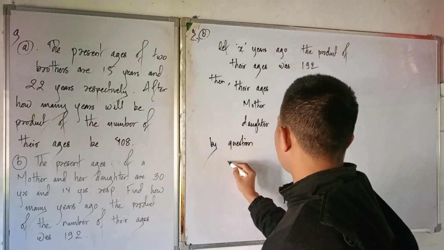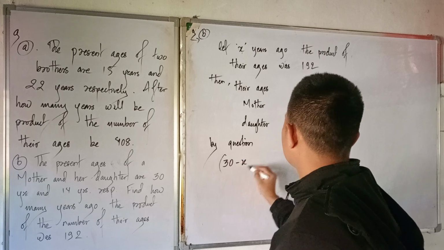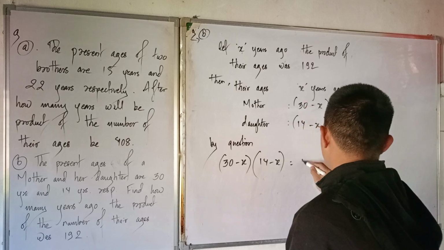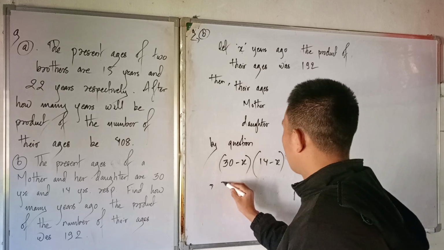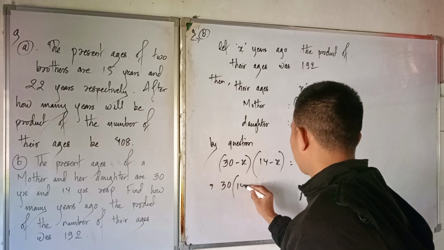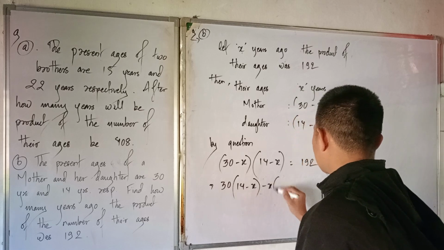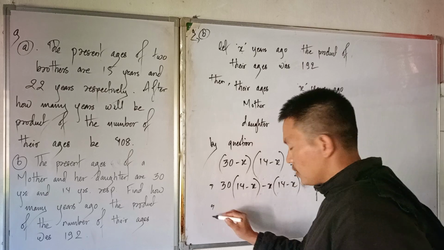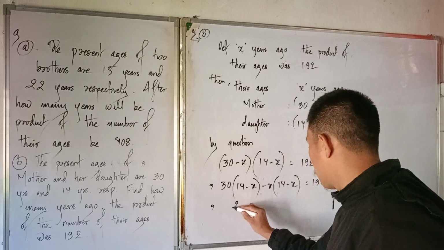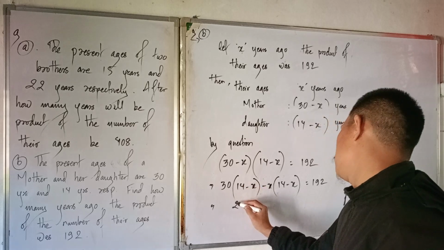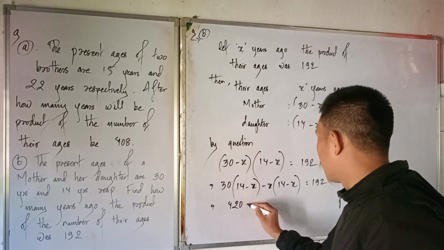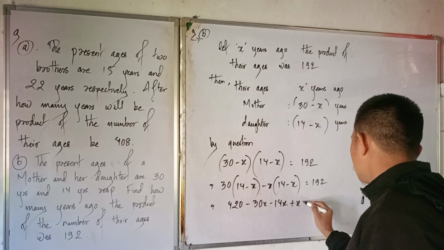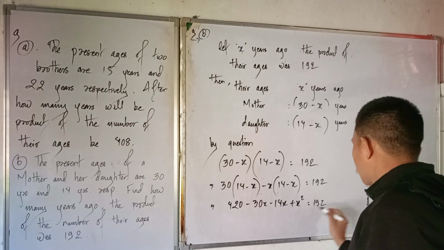Now by the question, the product of their ages, 30 minus X times 14 minus X, must equal 192. Multiplying, 30 times 14 is 420, minus 30x minus 14x plus x squared equals 192.